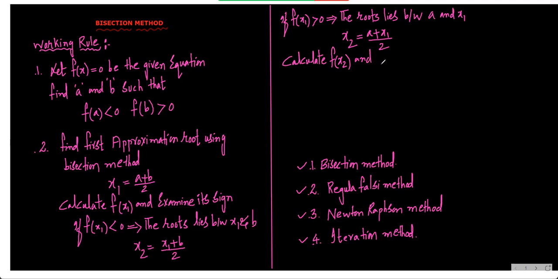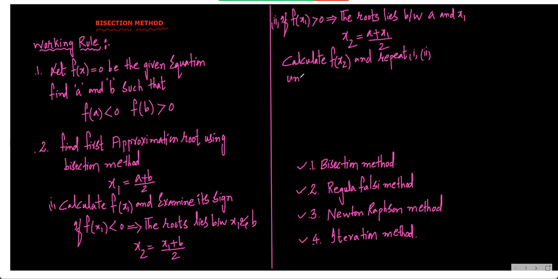Repeat. This is the first part of the second step, and this is the second part of the second step. Repeat the first and second steps until the required accuracy of the root.